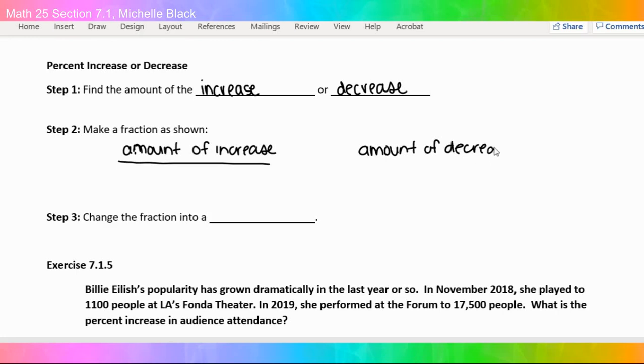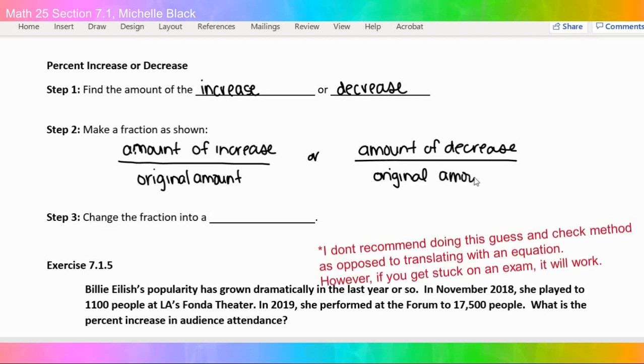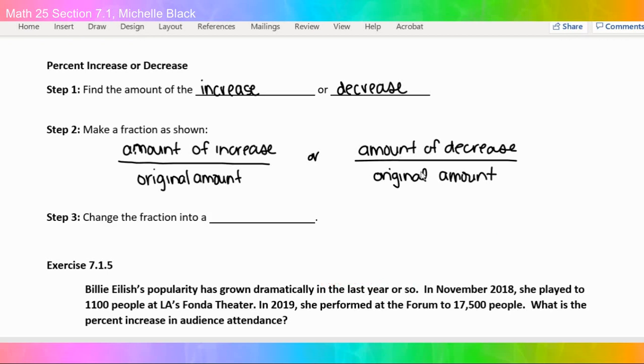So that number you found in step 1, but you always divide it by the original amount.